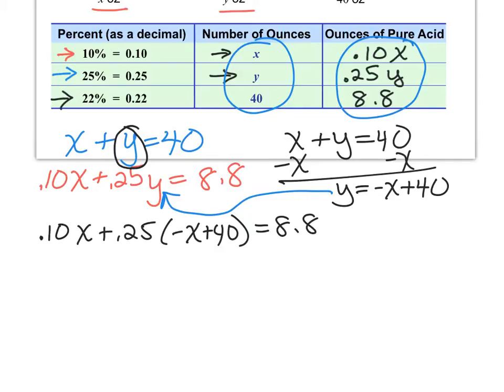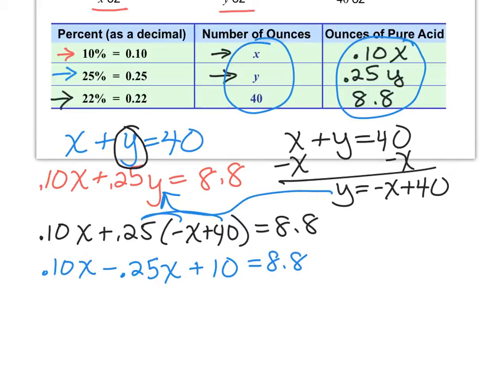Now I'm going to solve this equation by using the distributive property here and combining like terms. And the resulting equation is going to be 0.10x minus 0.25x plus 0.25 times 40, which is 10, equals 8.8. Now I'm going to combine like terms and solve this equation for x.